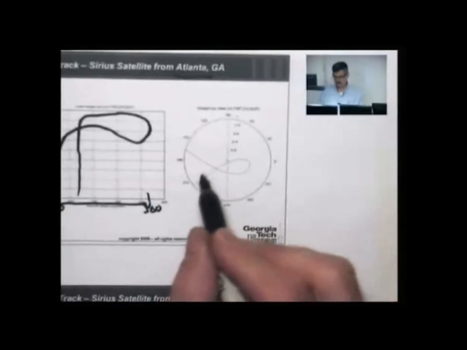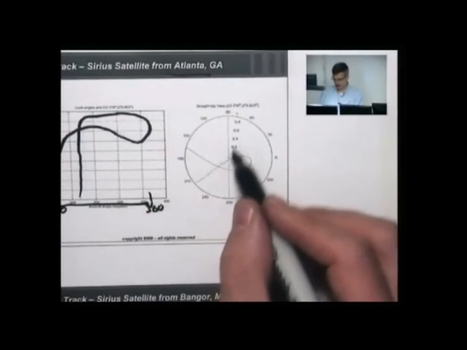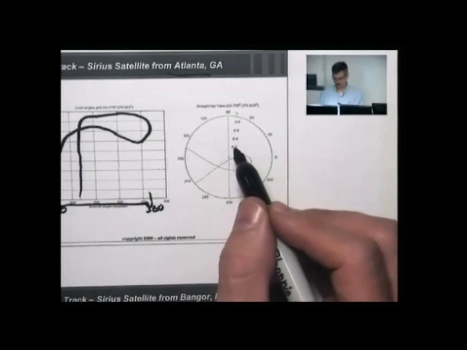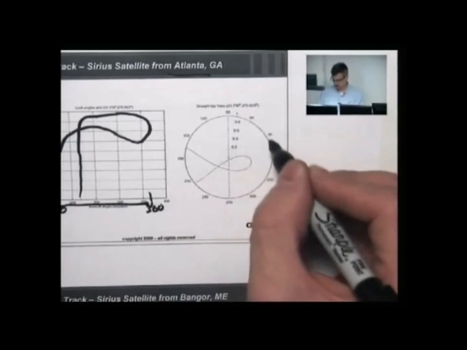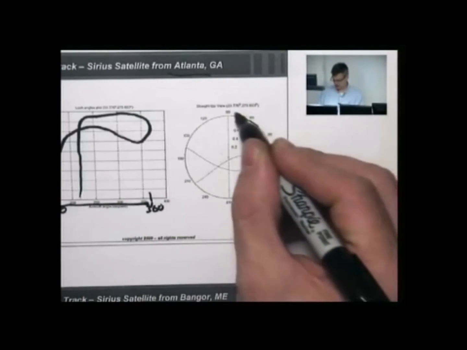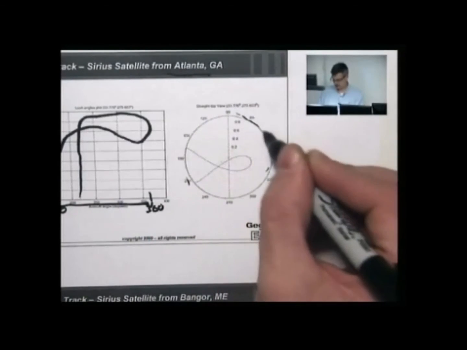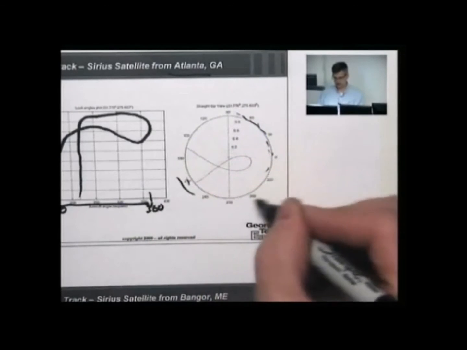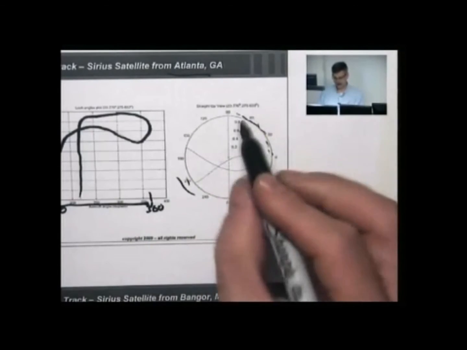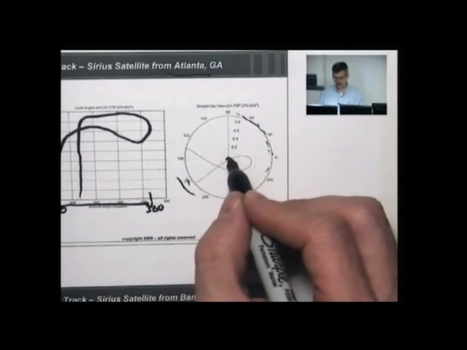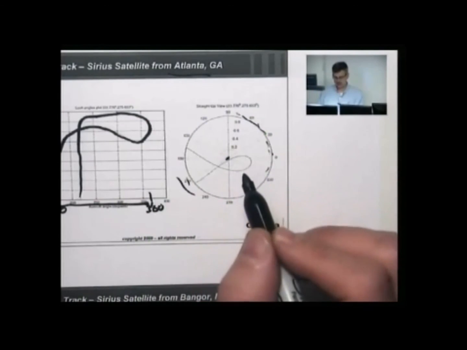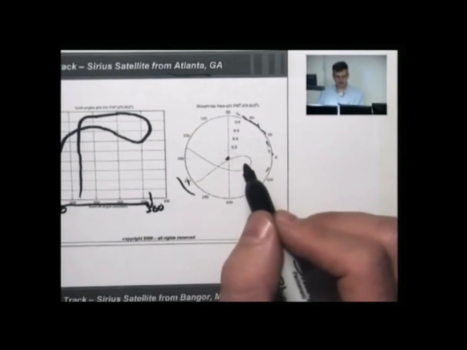Now over here is the same plot, except I've plotted it in a polar fashion. What I've done is I've plotted azimuth, 0 to 360, in this typical polar dimension of angle. And for distance, I've plotted the cosine of elevation.